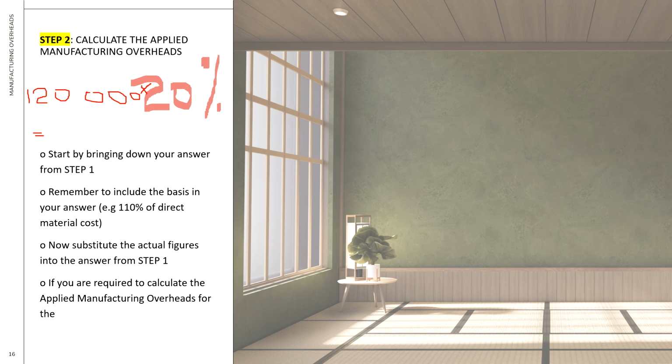Say 10% of this is 12,000, times 2, 24,000. So 24,000 is your applied overhead, or recovered overhead, or allocated overhead, whichever term they use.